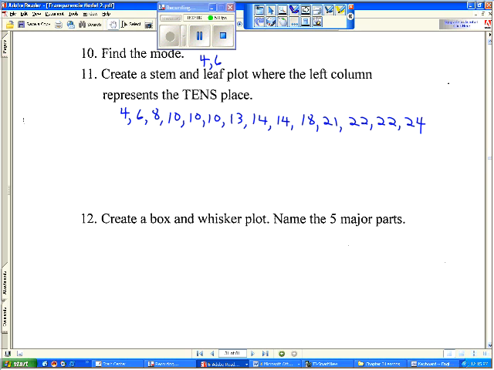Cool. We want a stem and leaf plot where the left column, which is going to be called the stem, represents the tens place.